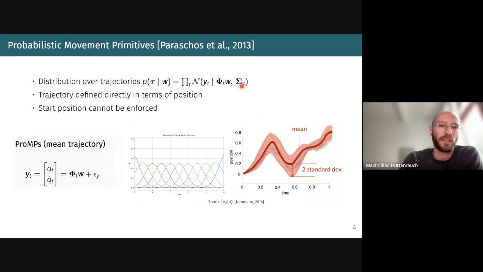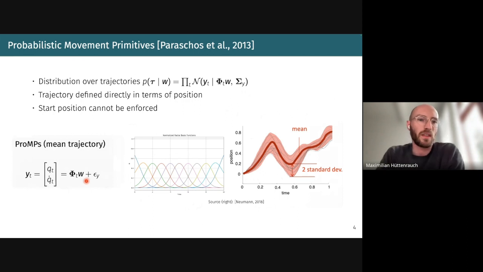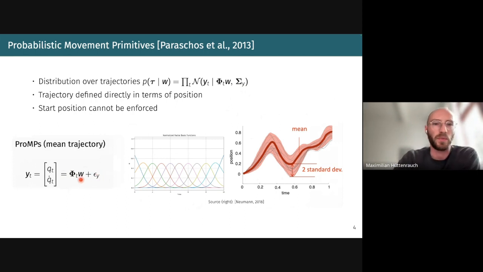And the covariance sigma then specifies the variance around this mean trajectory. So it's actually quite simple. The trajectory is defined directly in terms of position. There's just one problem with this representation: the start position is not built into this movement primitive representation.